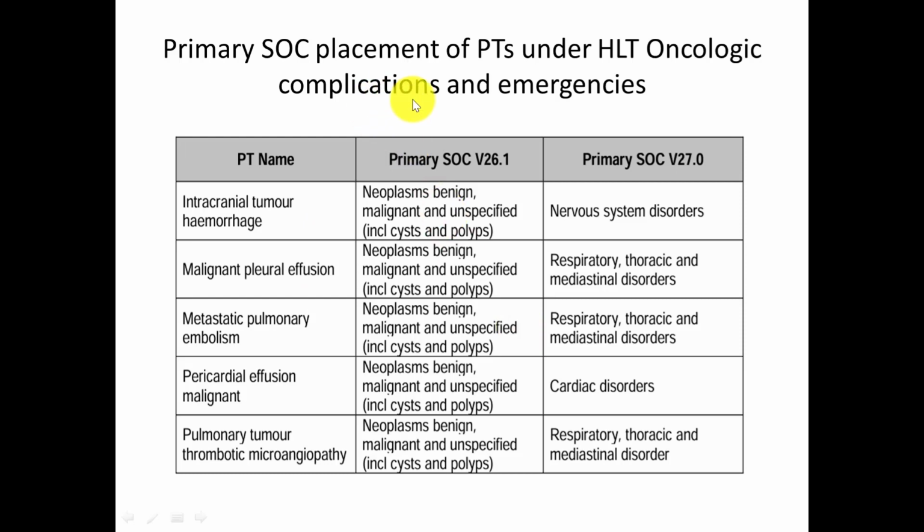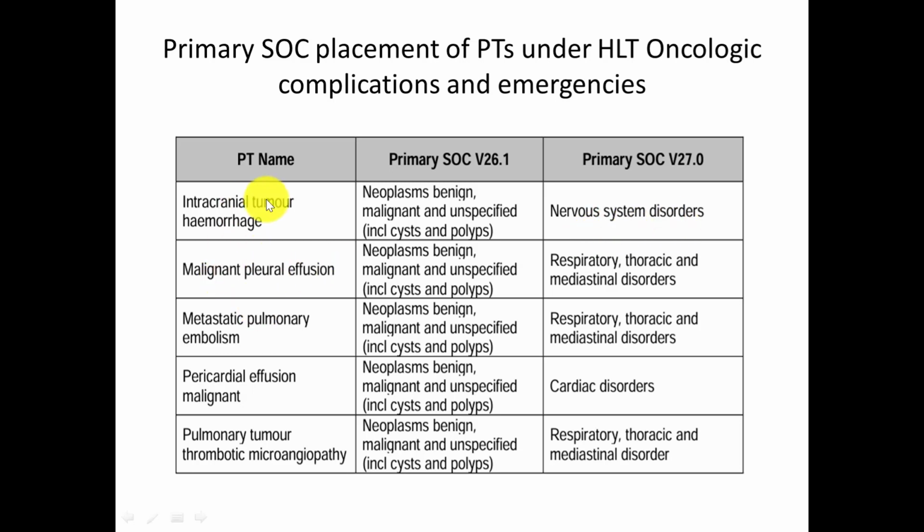Now, primary SOC placement of PTs under HLTs. Some SOC replacements were done for appropriate mapping. For example, intracranial tumor hemorrhage, in version 26.1, was going to neoplasms benign, malignant and unspecified. Now it is going to nervous system disorders.